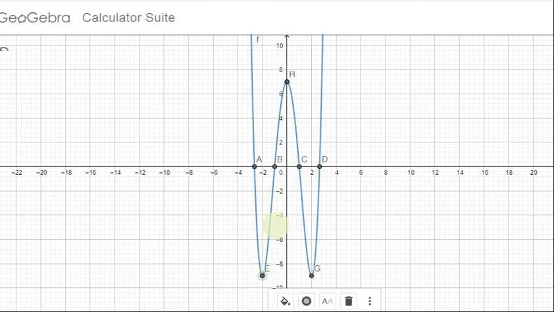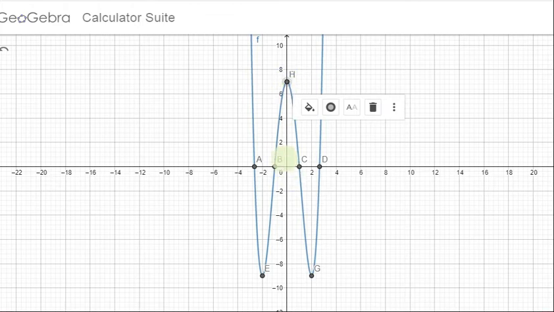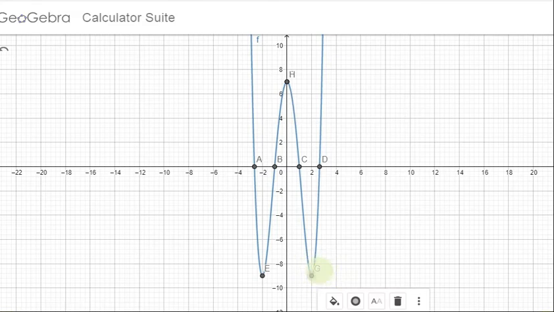Then it starts increasing until it reaches point H at 0, and this is a local maximum, and it starts decreasing until it reaches a local minimum at point G at positive 2, and it again starts increasing until positive infinity. So you can clearly tell that point E and point G are not only local minimums but also absolute minimums.